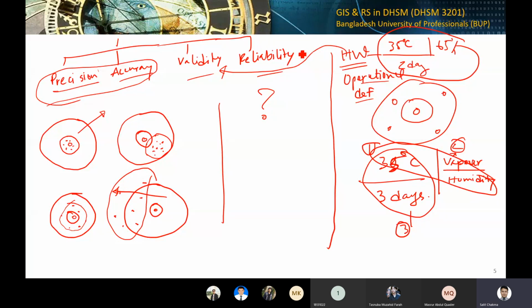Now, reliability, the next topic. Reliability concerns how reliable your study is. That means how consistent you are with your data. That brings us to the example which I gave earlier, about the third question of 3205.